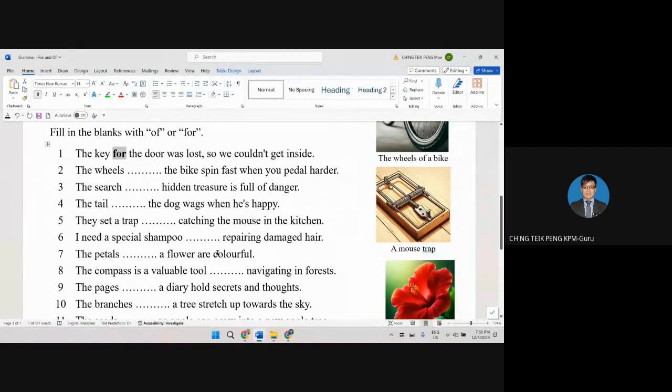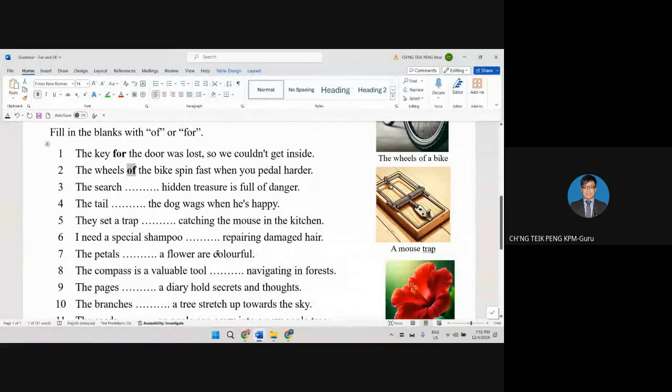And then number two, Chu Yuan. The wheels of the bike spin fast when you pedal harder. Is it paddle or pedal? It should be paddle, isn't it? So can you read again? The wheels of the bike spin fast when you pedal harder. All right, good.